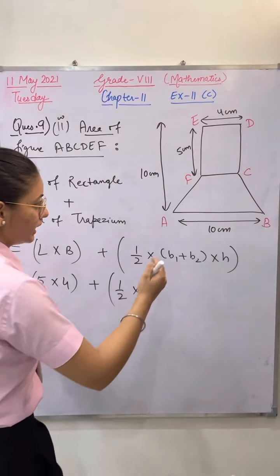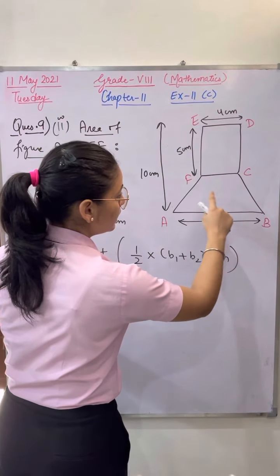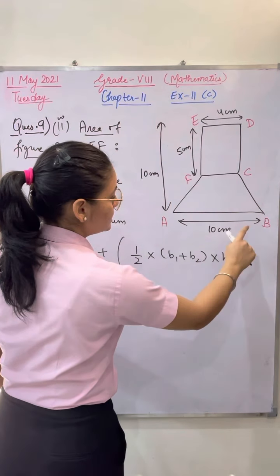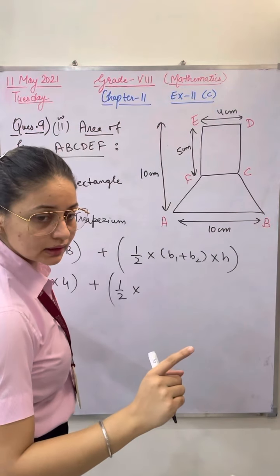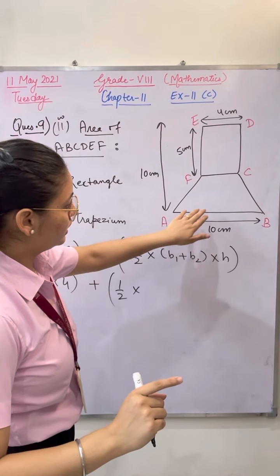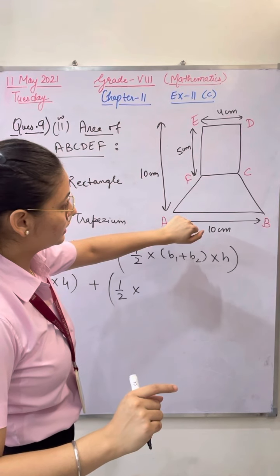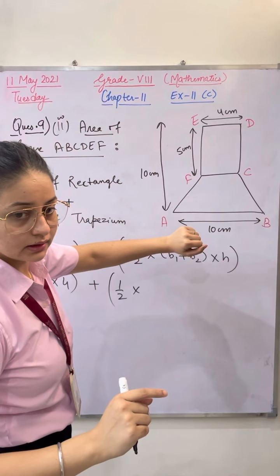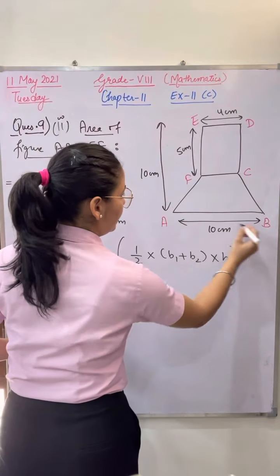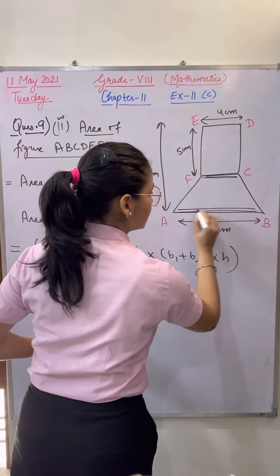Okay, please tell me which are parallel. Parallel sides are AB and FC. These two are the parallel sides of a trapezium.